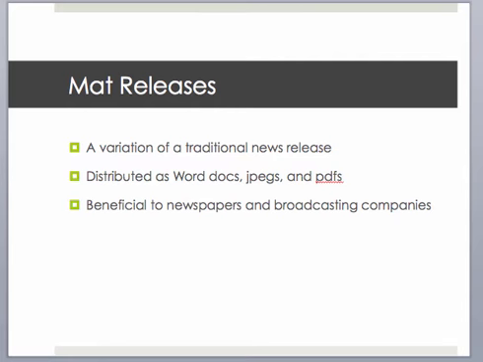These can be run as a feature in a newspaper or offered as video and audio features for broadcasting companies. The benefits are newspapers and broadcasting companies can use them to fill up space for virtually no cost. Please take a look at the example on page 376 of the textbook for an excellent example of what a mat release looks like.